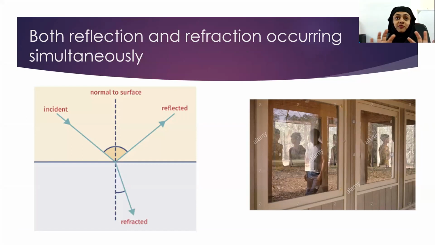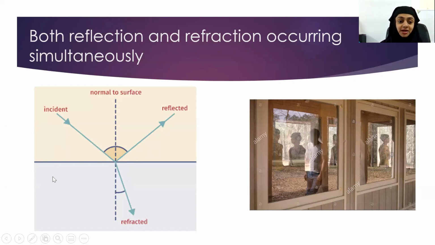We expect if light is coming from a room and going through the glass, we think that all of the light passes through the glass. But that's not true. Usually, a part of the light gets reflected back and a part gets refracted.